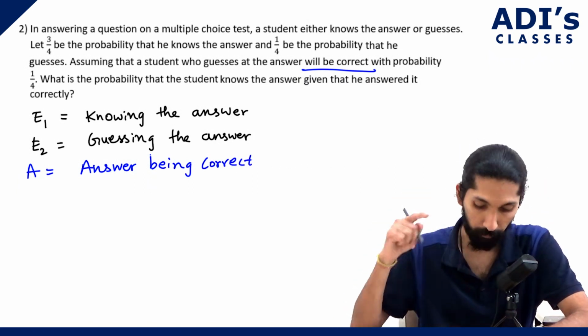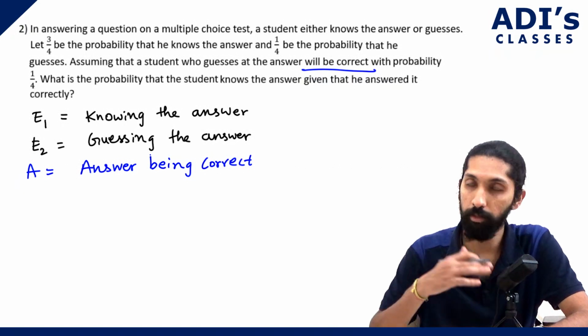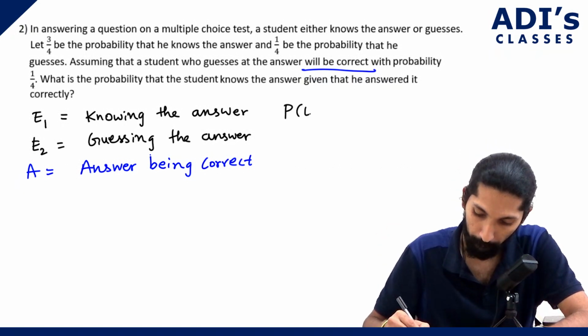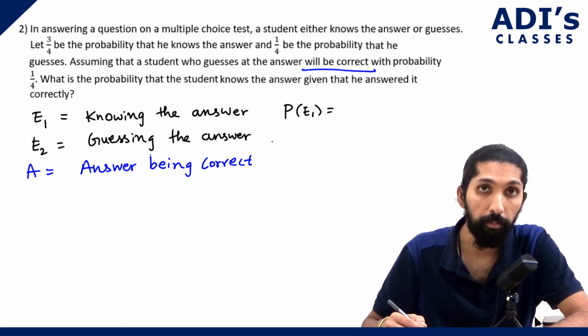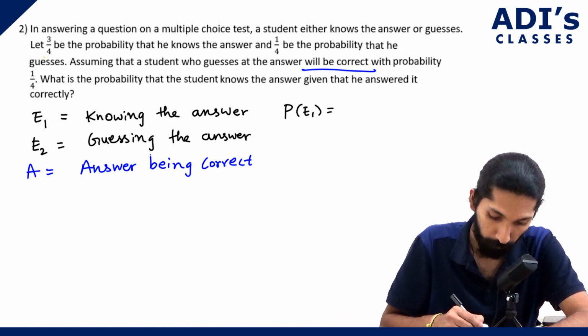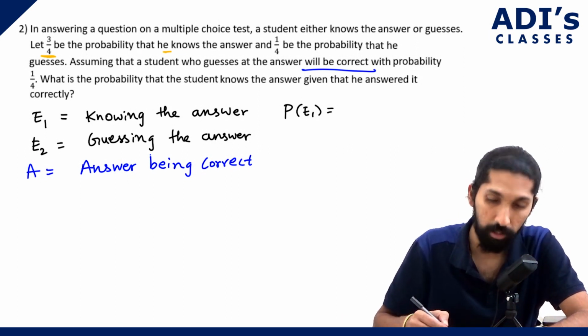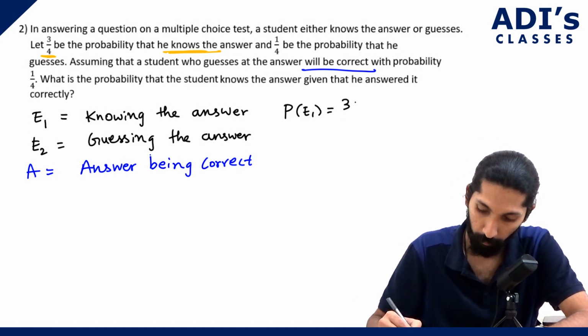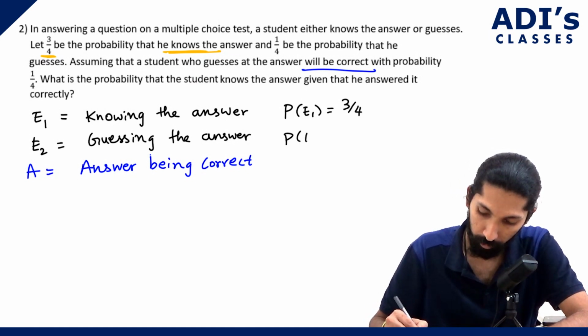Now let's see what is P of E1, P of E2, P of A given E1, all those things. So first, P of E1 is 3 by 4. Look at the first part here. It's right here. 3 by 4 is the probability that he knows the answer. Correct? So P of E1 is 3 by 4. P of E2 is 1 by 4.